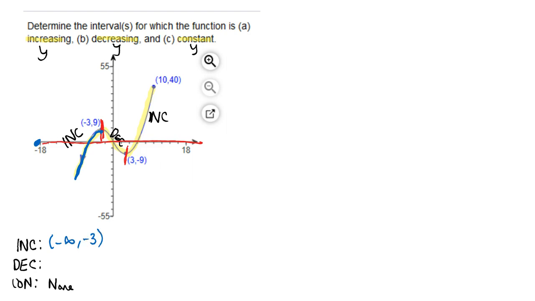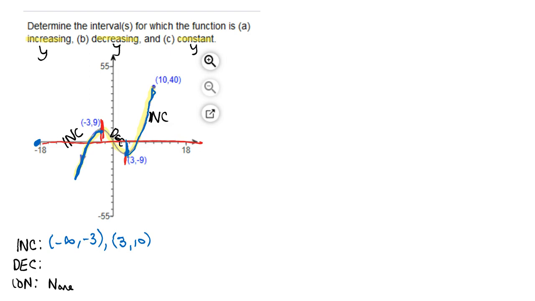We're going to use a parenthesis on infinity. We also have another section of increasing which started right here at an x value of 3 and continues all the way to this x value of 10. So from 3 to 10, we have another section of increasing. I'll separate those answers with a comma.